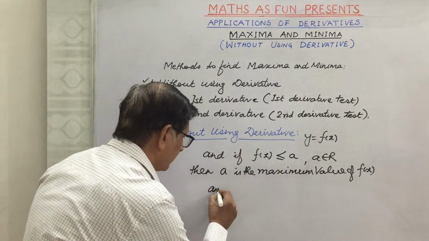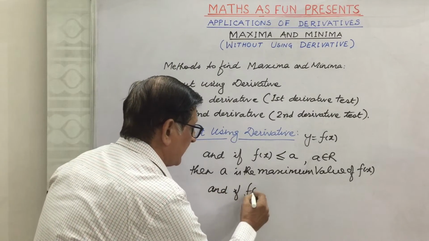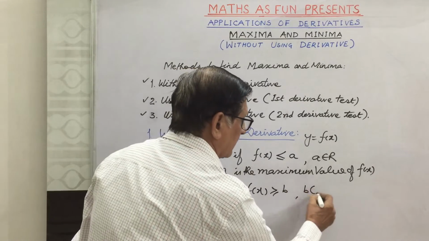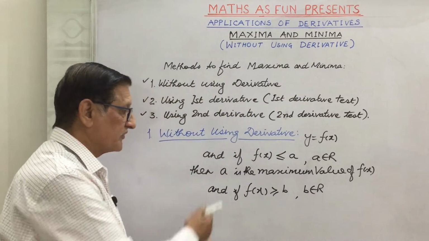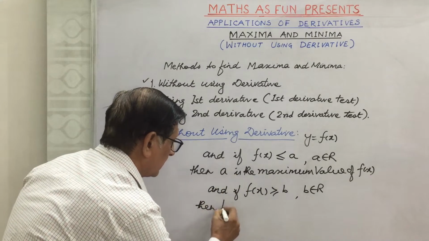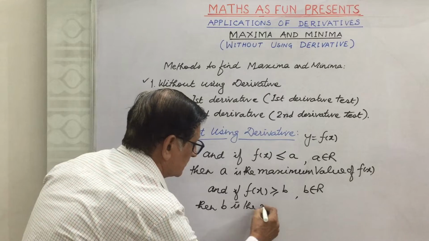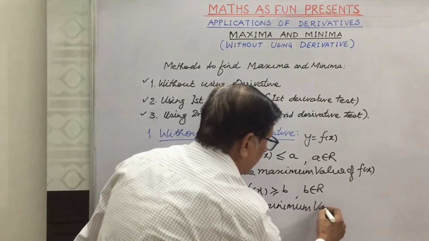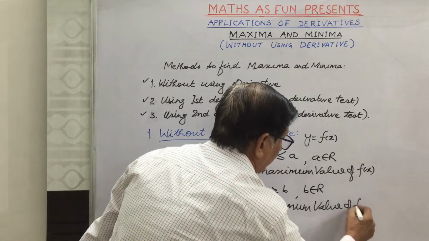And if f(x) is greater than or equal to b, where b is also a real number, then b is known as its minimum value, the minimum value of f(x).